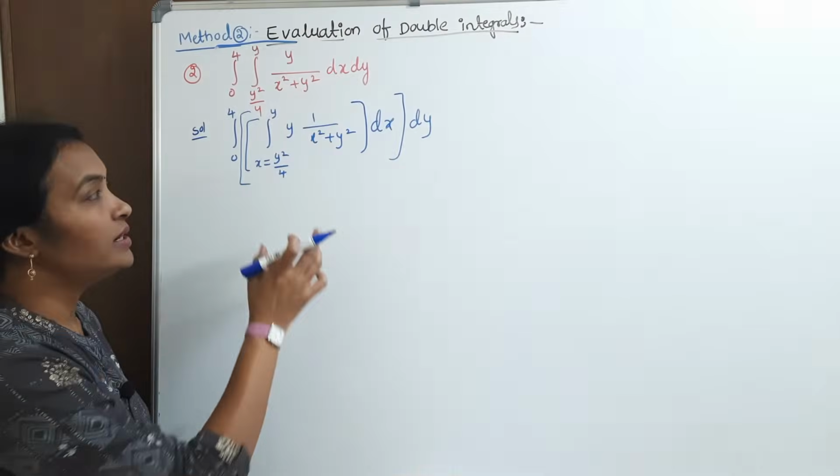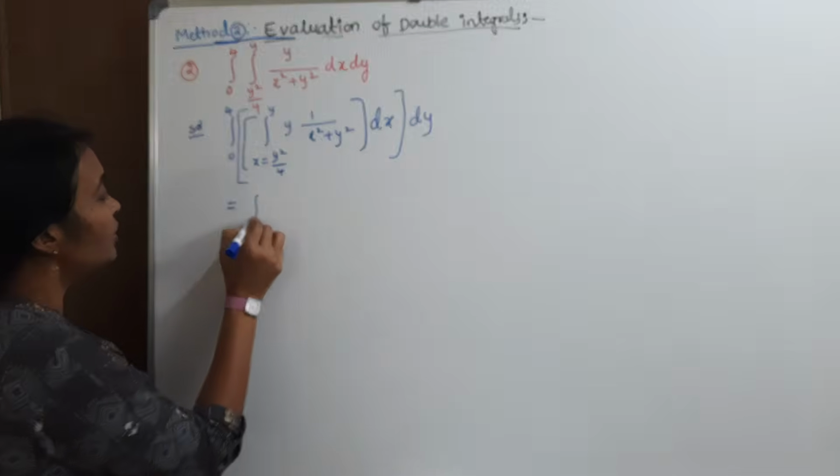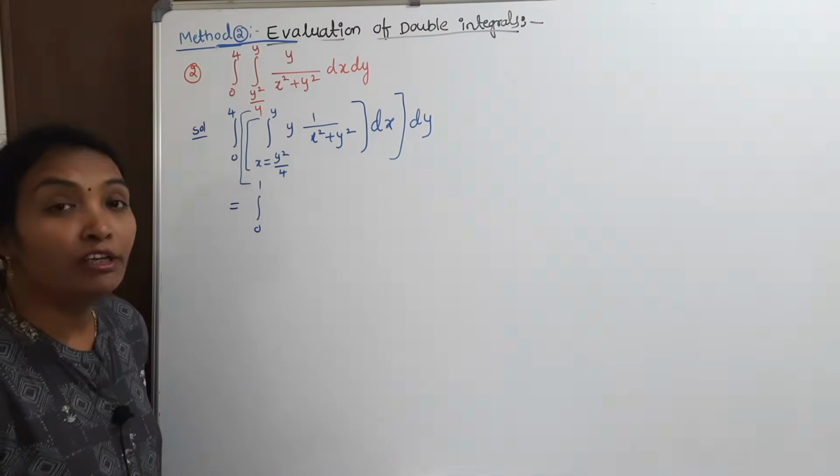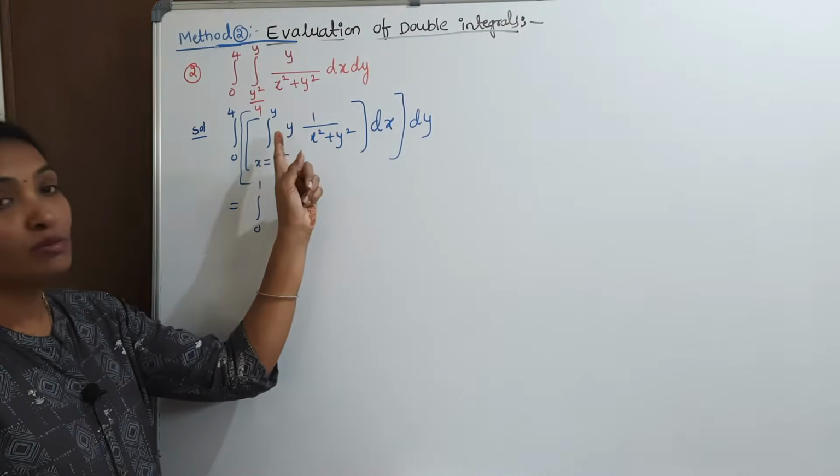Now I first have to integrate with respect to dx, the outer limits being 0 to 1. If you integrate with respect to x, consider y as the constant. Shall I take y out? Then the integral of x from y square by 4 to y, and this looks like 1 by 1 plus x square dx.